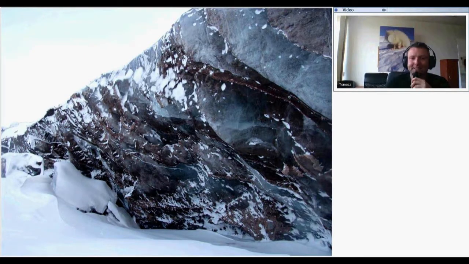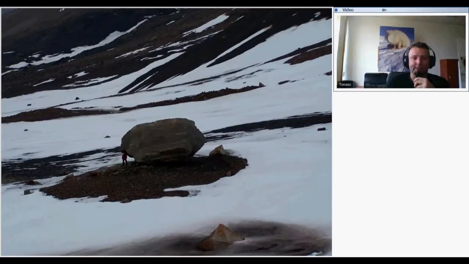Inside the glacier, it's never pure ice because this material is transported inside as well. It will go inside the glacier, be squeezed and transported down.